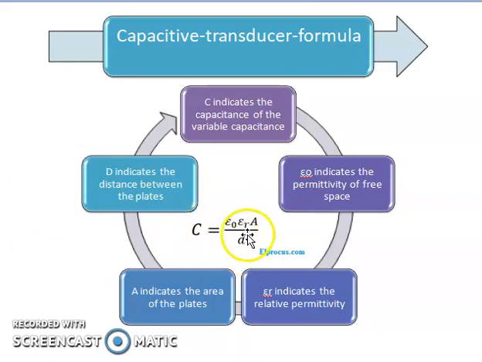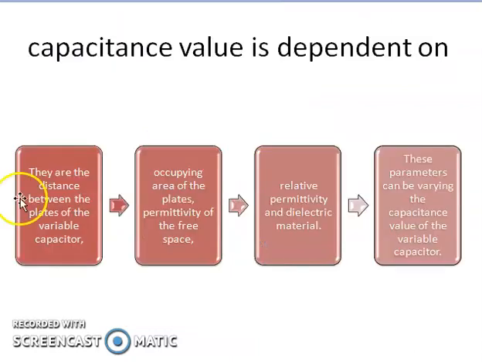That is, in this equation we have mainly four parameters. By changing each of the four parameters, we can change the capacitance. They are the distance between the plates, the area of the plate, the permittivity of free space and the permittivity of the dielectric material.